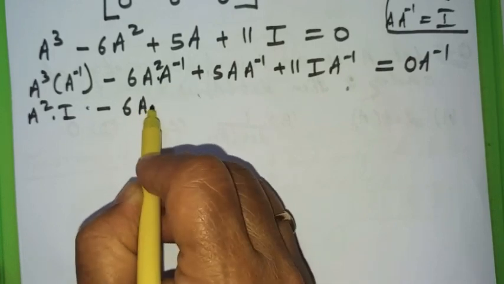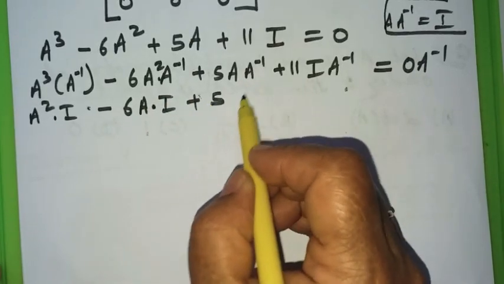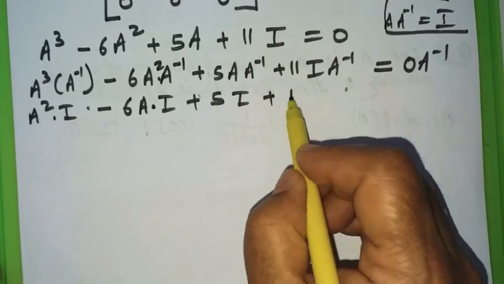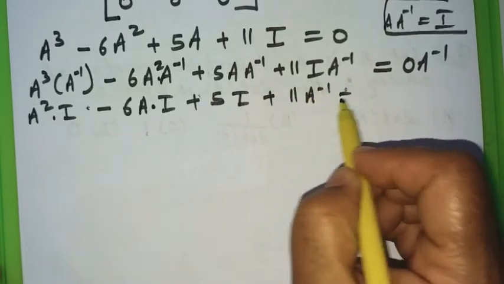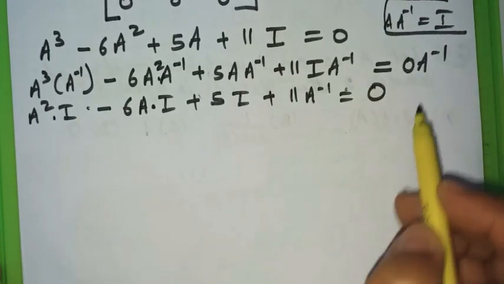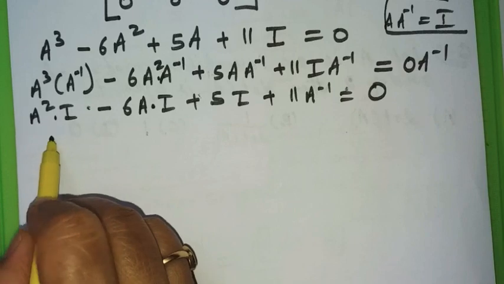So A and A inverse becomes I. Here A inverse becomes I, and any matrix multiplied with I remains the same. 0 matrix multiplied to A inverse remains 0. Now any matrix multiplied to I will remain the same.